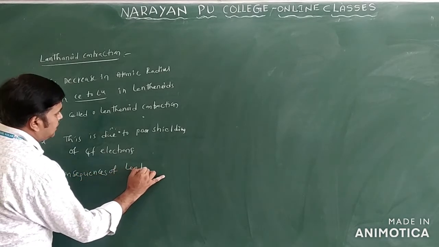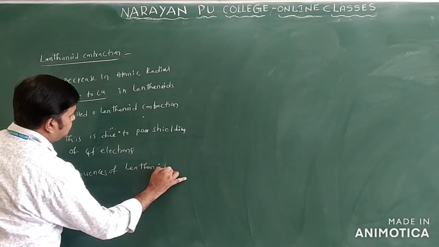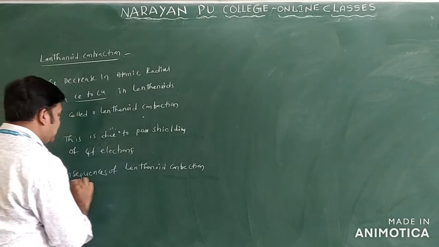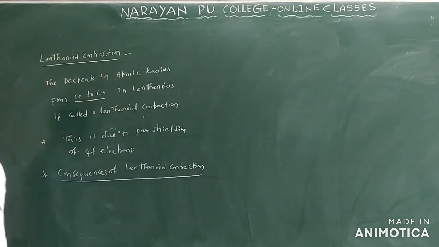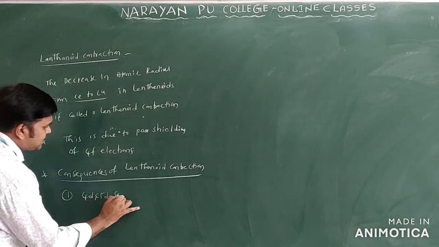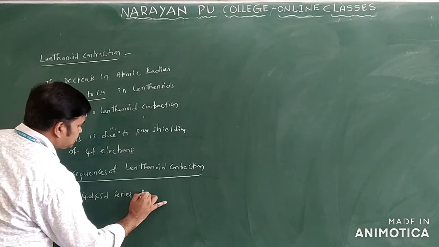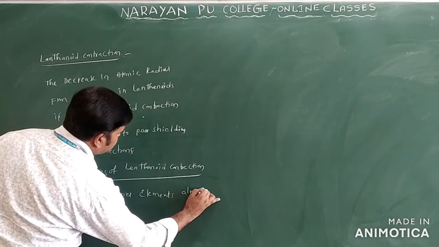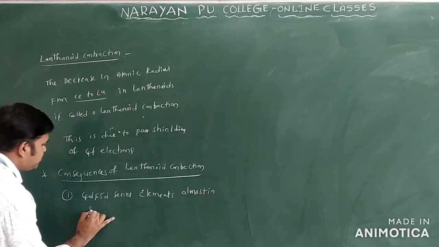Consequences of lanthanoid contraction. One consequence already discussed: 4d and 5d series elements are almost similar in size. Which elements have similar size?